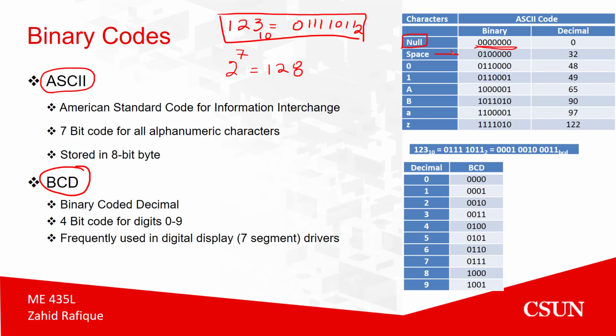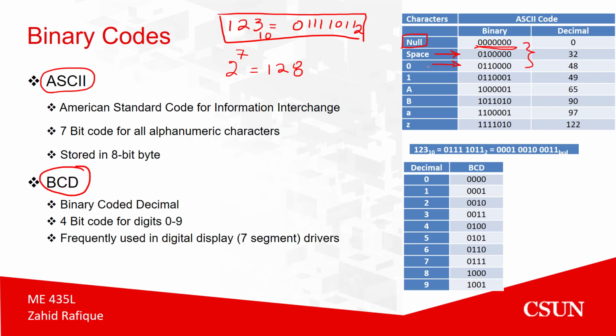A space has a binary code of 0100000, and the digit 0 has a binary code of 0110000. Now we can convert these binary numbers into the equivalent decimals so that we can read them easily. A null is a decimal 0, a space is a decimal 32, a 0 digit is decimal 48.